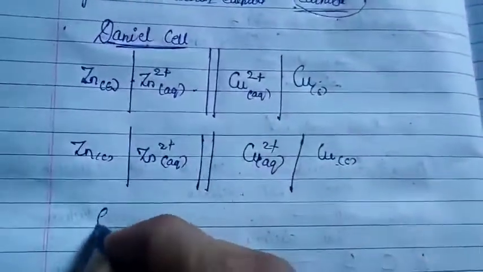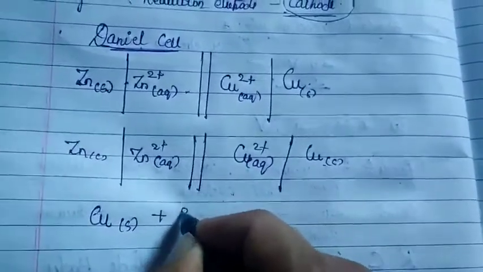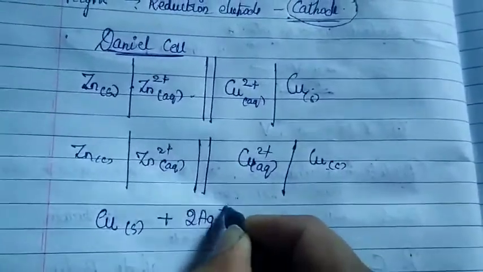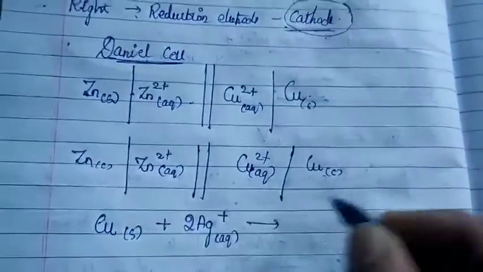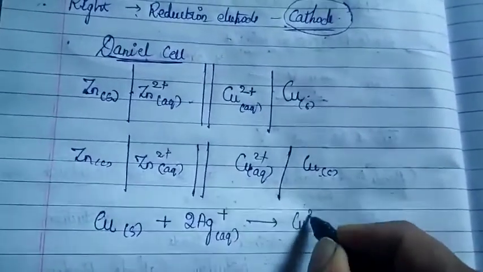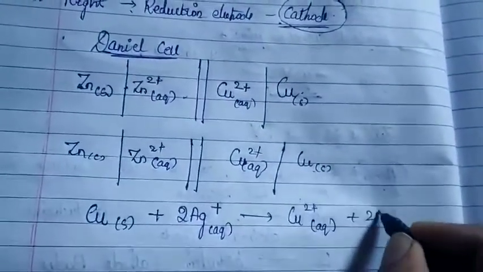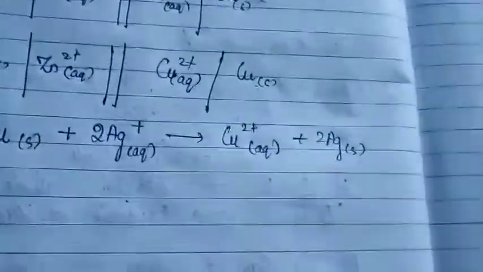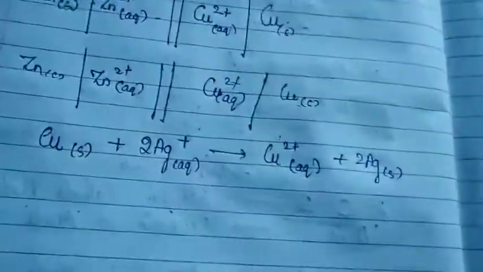For example, if I give you a reaction, Cu solid, reacting with 2Ag+, which is aqueous, and it is giving you Cu2+, which is also aqueous, and 2Ag, which is solid. And I will ask you to write the galvanic cell symbolically for this overall cell reaction.